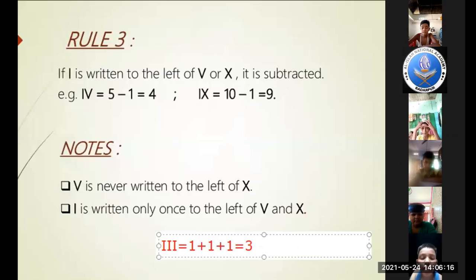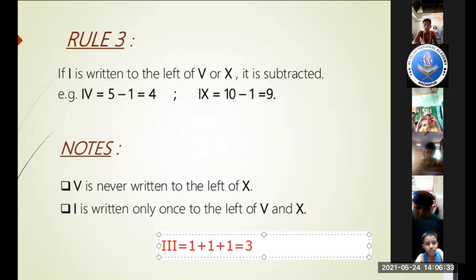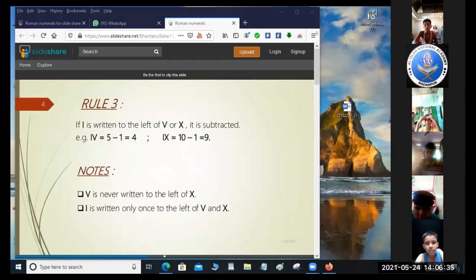Sir, homework is we will find more examples. First, you tell me what the homework is.